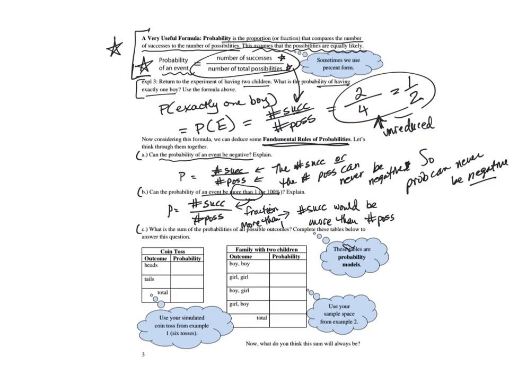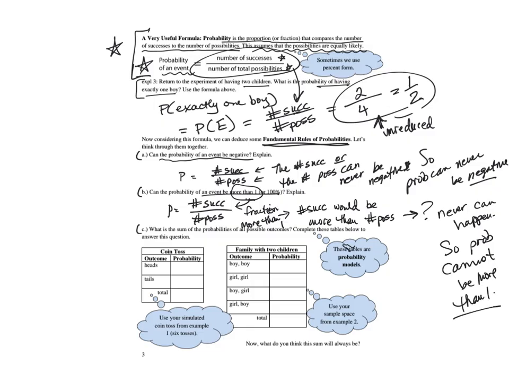But how would you do that? Right? Think about it. Flip a coin, 10 times. Now count the number of successes. Can that ever happen? Never can happen, can it? So probability cannot be more than 1.